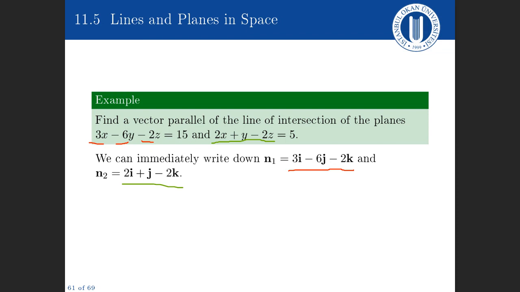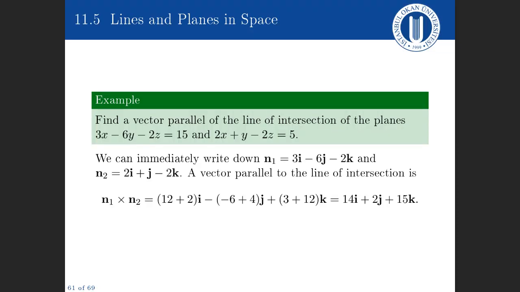And then we're going to take their cross product. Please check this calculation for me when you re-go through this and let me know if I've made a mistake. I think we get 14i plus 2j plus 15k, but please check that for me. This vector must be parallel to the line of intersection of these two planes.